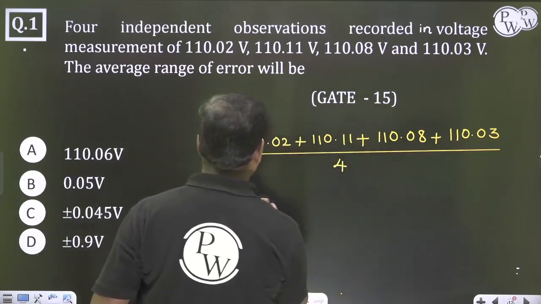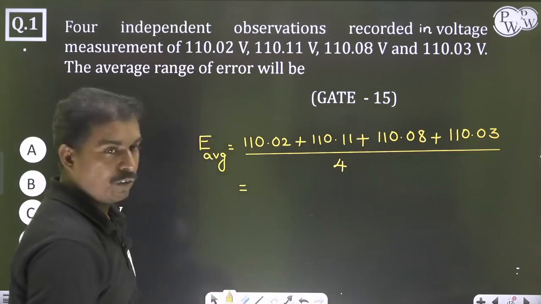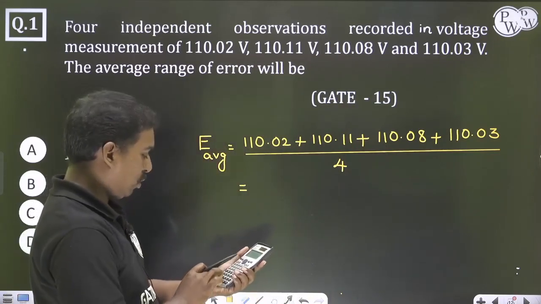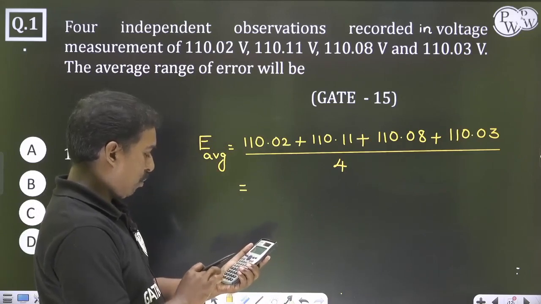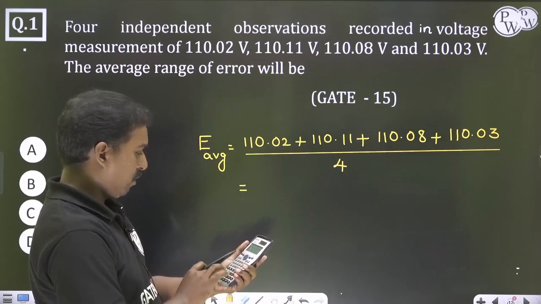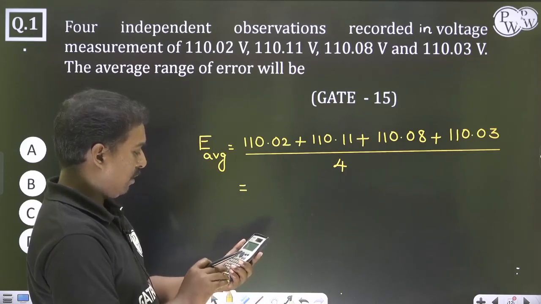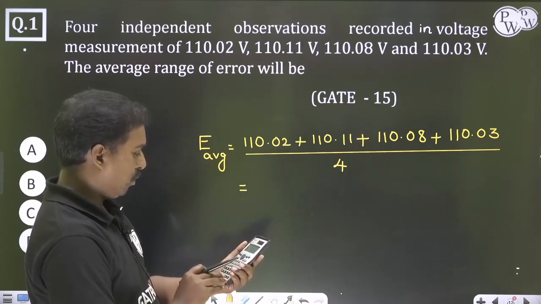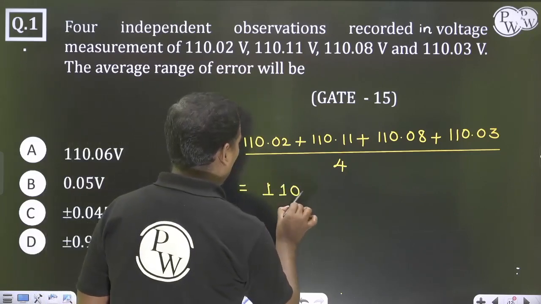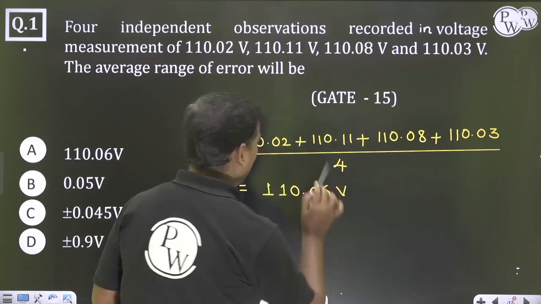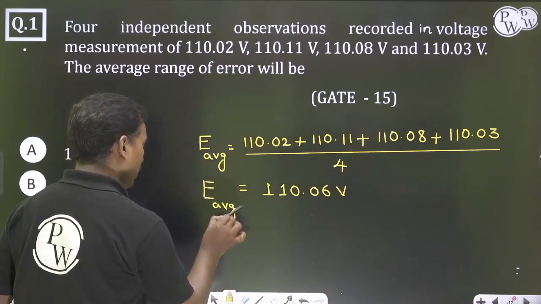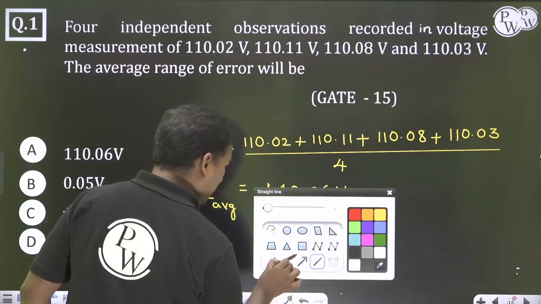That is the average. If you take the average, how much are we getting? 110.02 plus 110.11 plus 110.08 plus 110.03 divided by 4. It is coming around 110. So this is the average voltage.